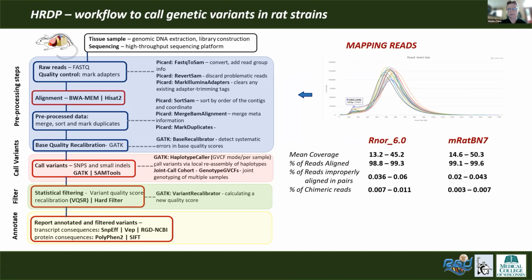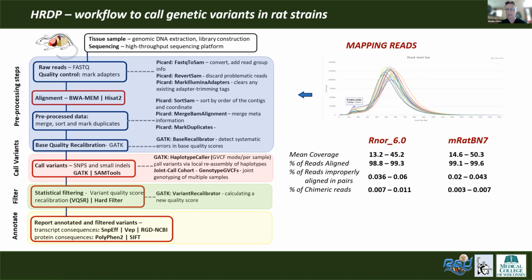Next, I will just show a couple of comparisons between two different rat genome references, as that was the main interesting part of this analysis: to compare the RN6 genome reference and the new one, which was just released in November 2020.